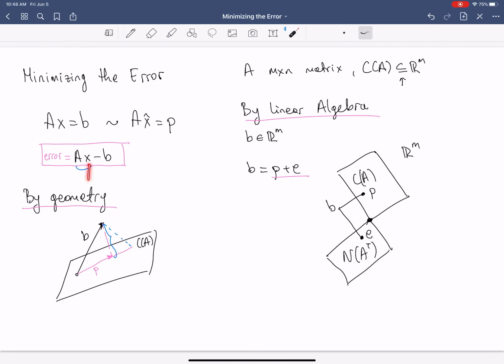So choose an X in such a way as to make this error the smallest. Now, in the geometry case, I said just use the projection, and really what we mean by that is find X hat that will give us the projection P.